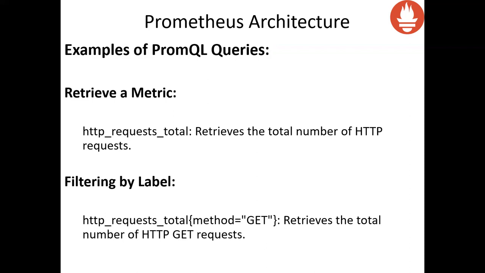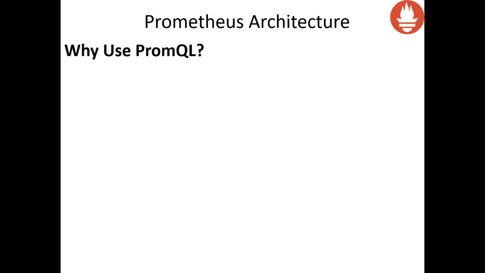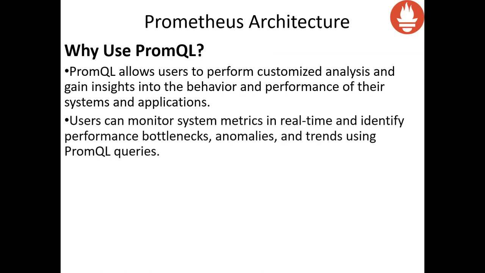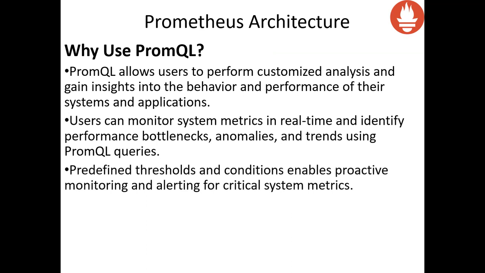Then for filtering by label, we will have this kind of query. So why use PromQL? PromQL allows users to perform customized analysis and gain insights into the behavior and performance of their systems and applications. Users can monitor system metrics in real time and identify performance bottlenecks, anomalies, and trends using PromQL queries.